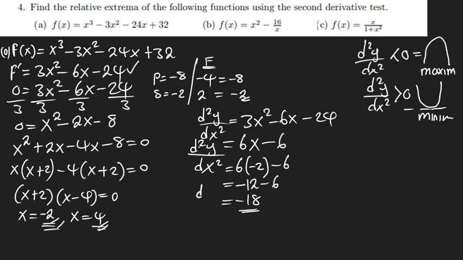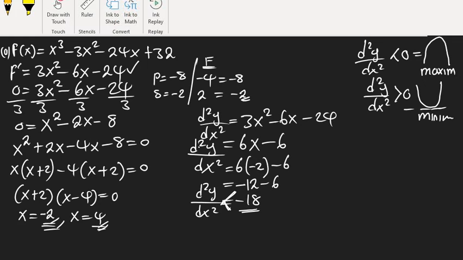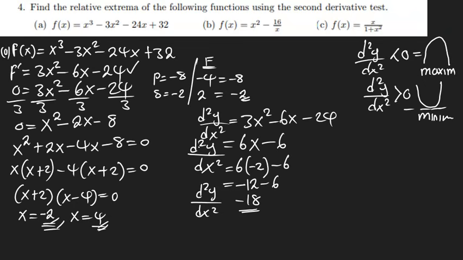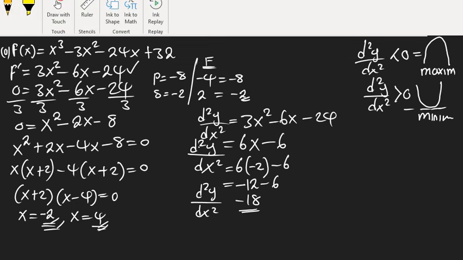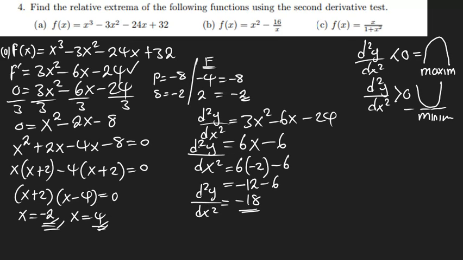Notice that d squared y over dx squared is equal to negative 18. Negative 18 is less than 0, right? So this implies that at x equal to negative 2, we are having a relative maximum point.